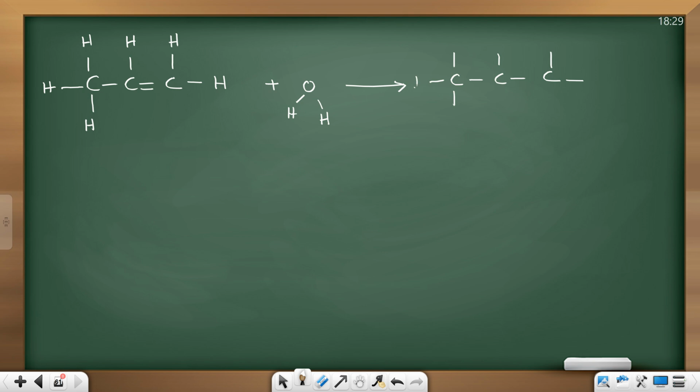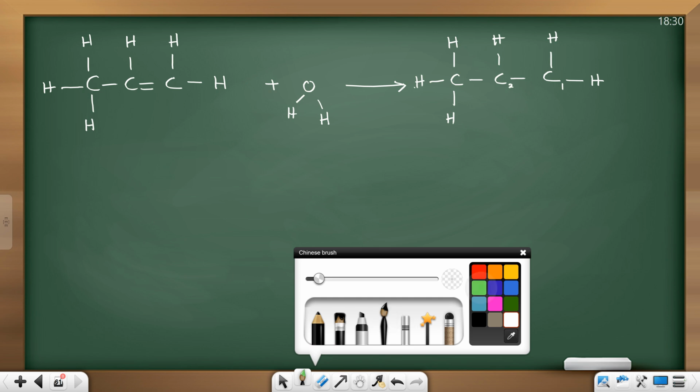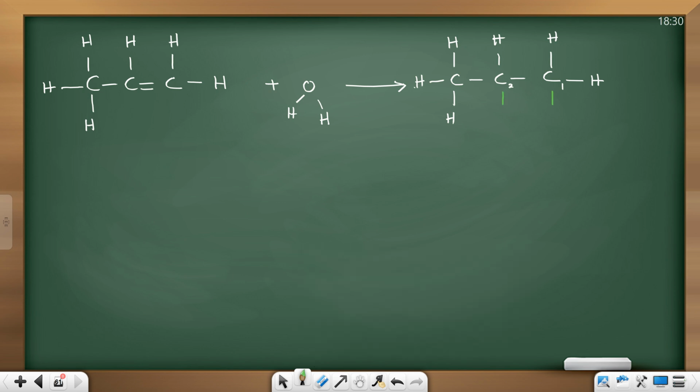We are just repeating that. And one day, which one receives the hydrogen? Carbon 1 or 2? Carbon 2. Why carbon 2? But we are adding.